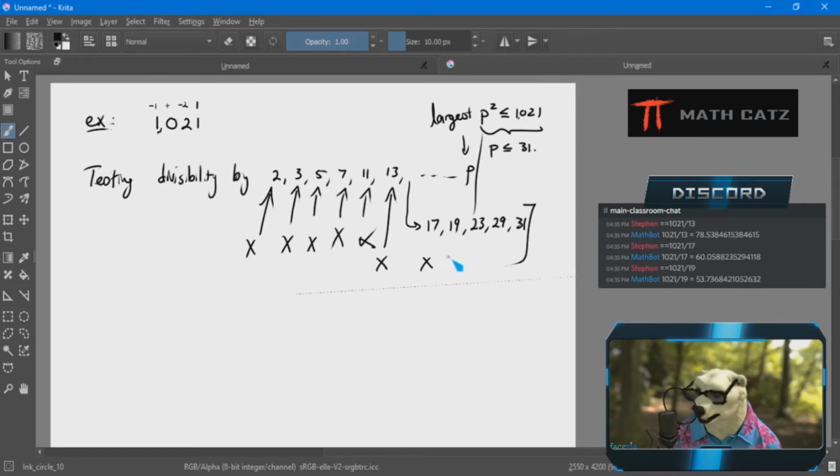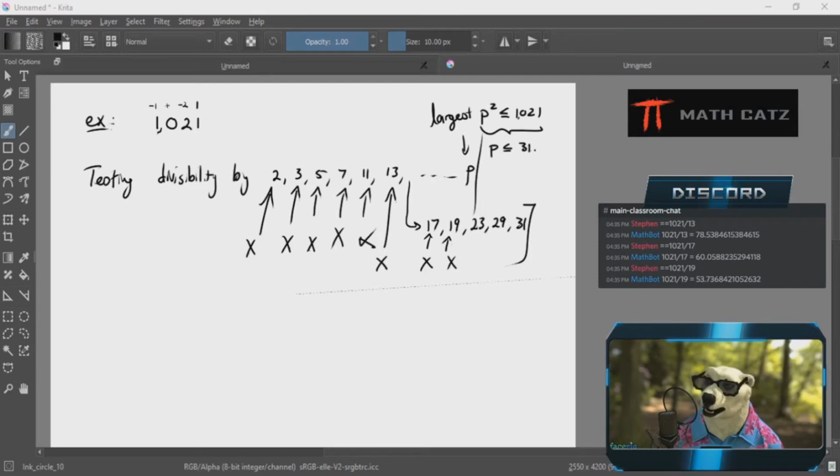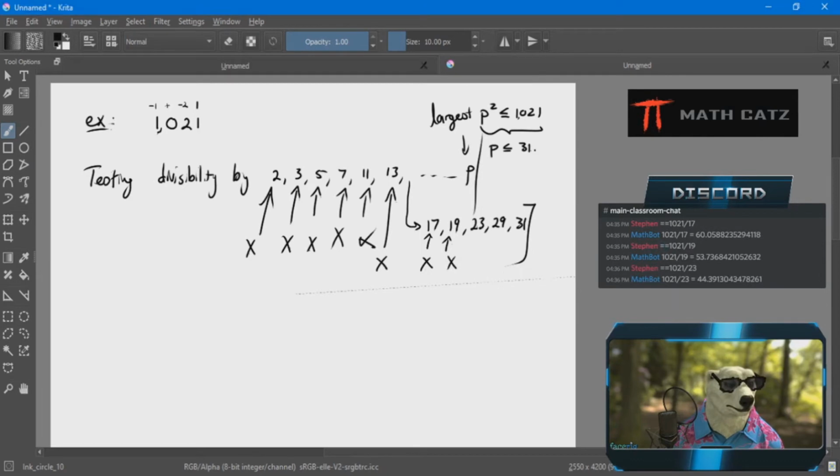I'm beginning to think this is a prime number, but we have to go all the way to check. I'm sure I did in the video an example, which we can maybe do a similar one, that shows you're going to have to go all the way to the end because that last one could be the one and you don't know. Let's check 23. I'm hoping for one to show up, but I am doubtful.